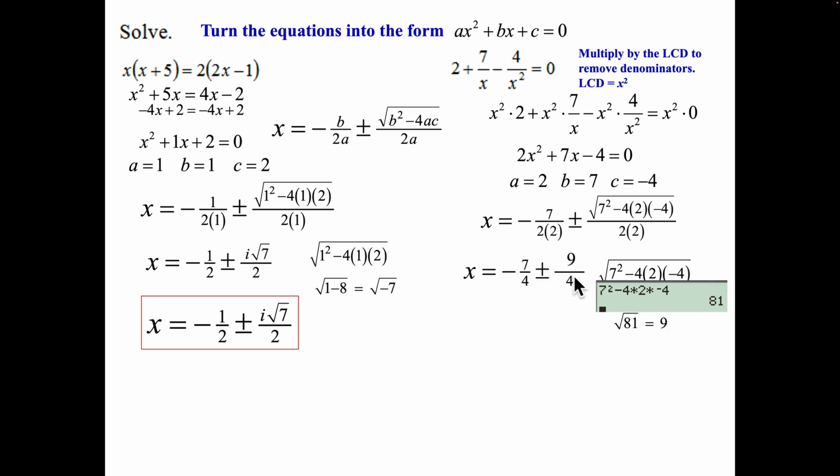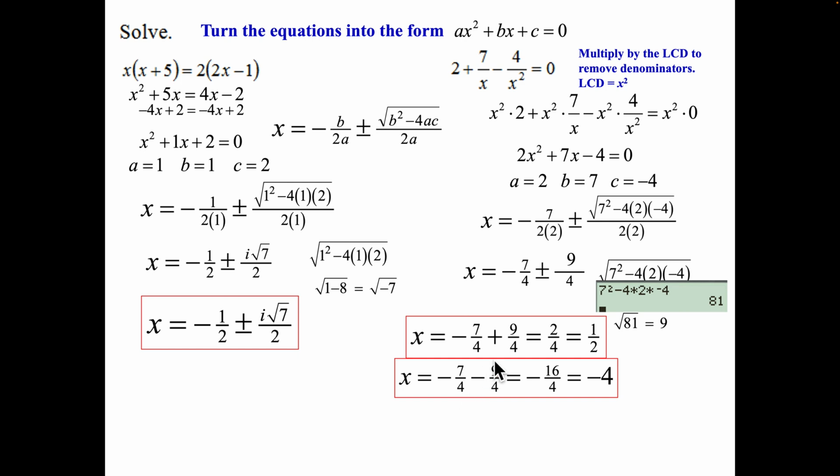So since the square root canceled out, I have 2 answers that I can now simplify. So negative 7 fourths plus 9 fourths. Well, negative 7 plus 9 is 2. 2 fourths is 1/2. That's one answer. And then negative 7 fourths minus 9 fourths is negative 16 fourths, which is negative 4. So those are my 2 answers for x.